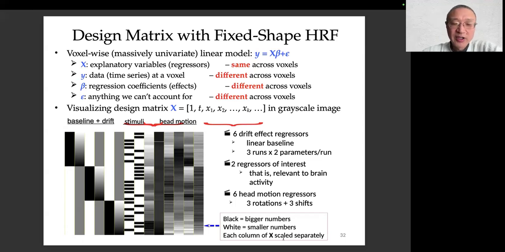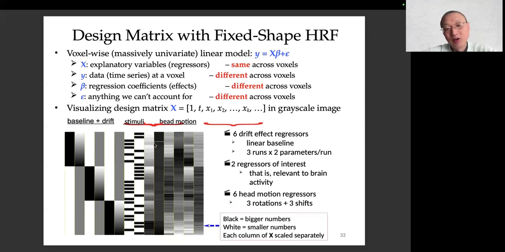Horizontally, those columns are experimental variables. In this particular case, in AFNI, the last 6 columns are the estimated head motion components. The typical ones: 3 shifts, and the other 3 are rotation angles.